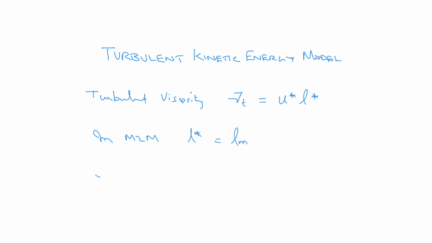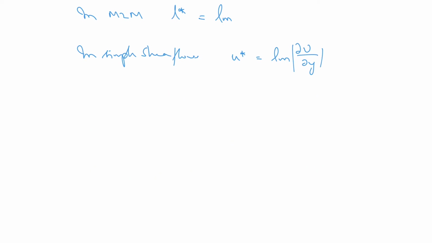In simple shear flows, this u star becomes Lm dou u by dou y. This implies this velocity scale is locally determined by the mean velocity gradient.